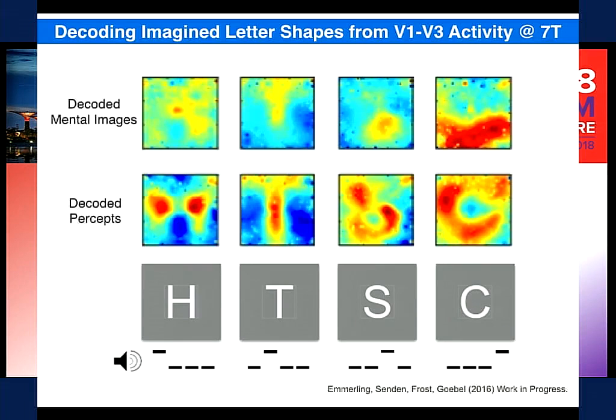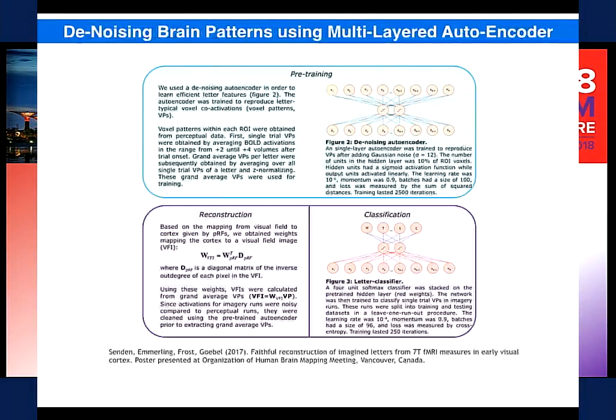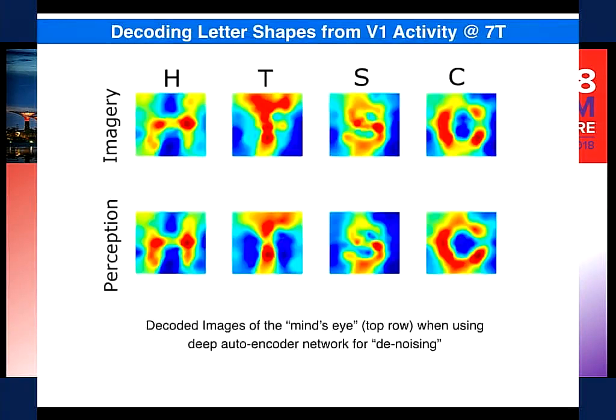And then when people imagine that, we let such an autoencoder reconstruct or denoise the representations during the mental imagery, so they get more similar to the ones of the seen ones before. And if we do that, we also get readable letter shapes from the imagery, especially from the curved ones. So that's now what we can reconstruct when people imagine letter shapes, and they look really readable.